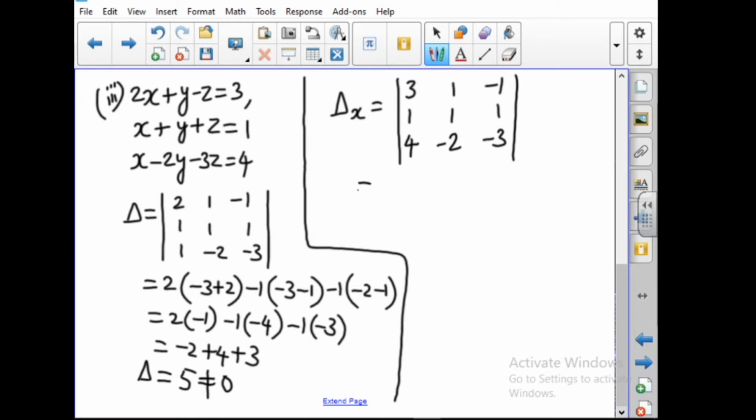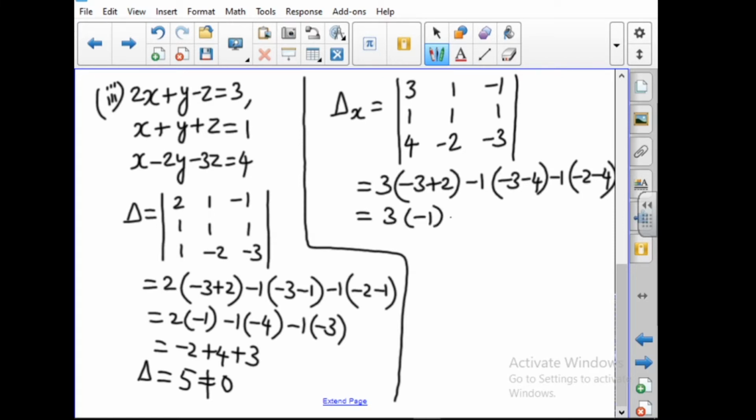So now when you are finding the determinant, 3 into minus 3 plus 2, minus 1 into minus 3 minus 4, minus 1 into minus 2 minus 4. So your answer will be 3 into minus 1, minus 1 into minus 7, minus 1 into minus 6. So it is equal to minus 3 plus 7 plus 6. 13 minus 3, it is 10. Okay. So we got the answer for delta x.